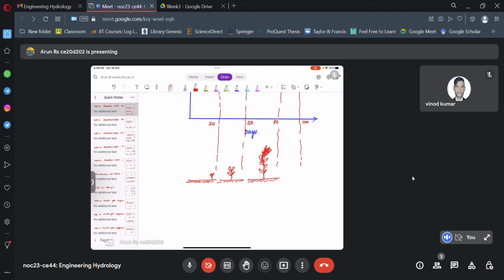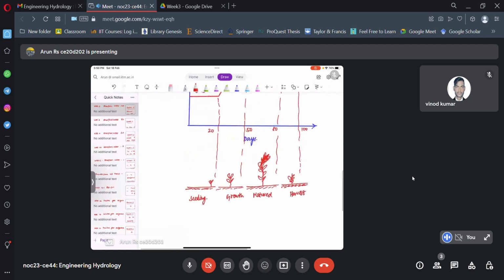So this is your harvest product, and later you have harvested it and something is remaining. So this is how it varies.